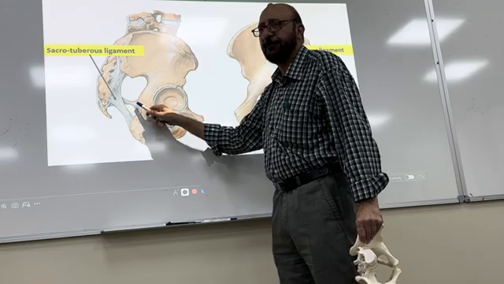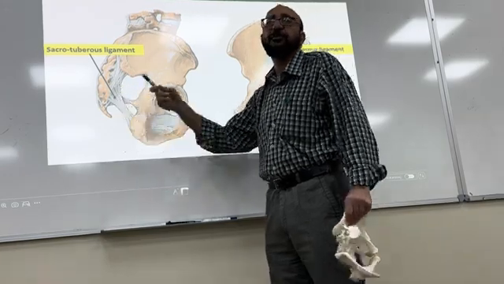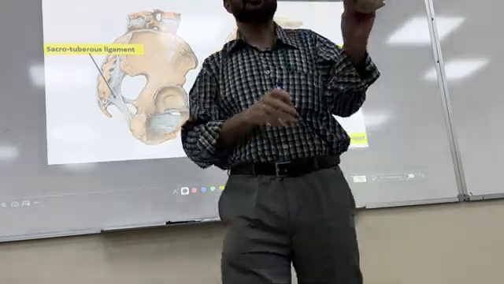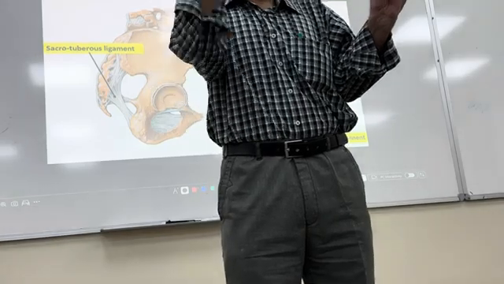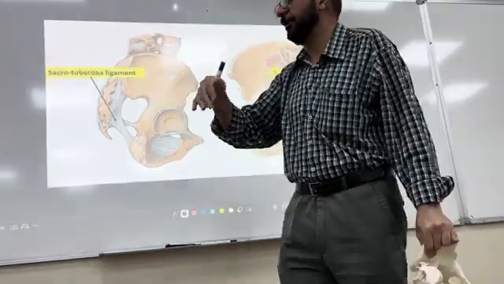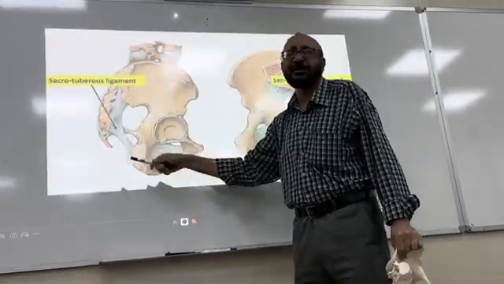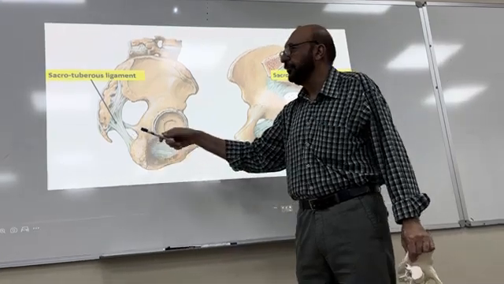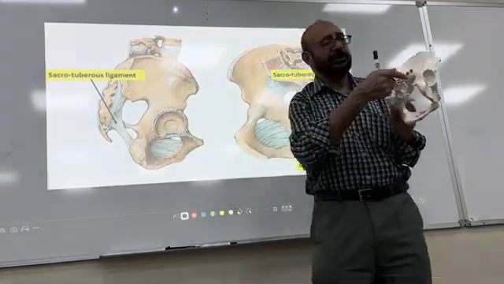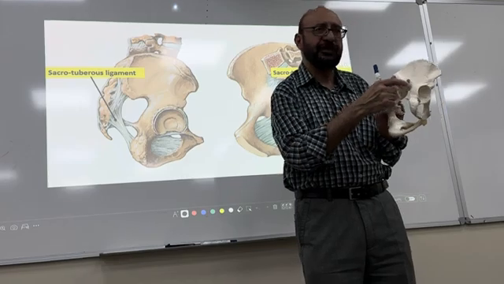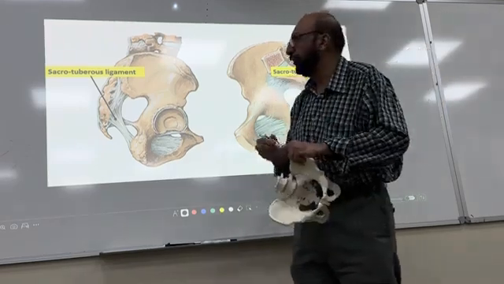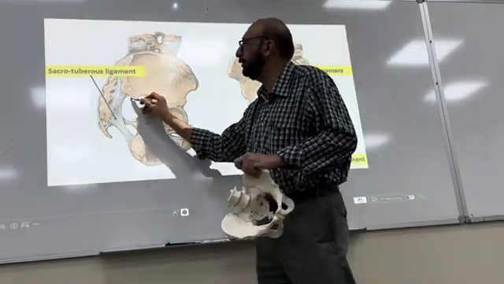This is the ischial spine. Why are we telling you these ligaments? Because this is a pelvis without any ligaments. But in real cadavers or humans, these ligaments are attached. So this greater sciatic notch, which is just a notch here, is converted to a foramen, the greater sciatic foramen.